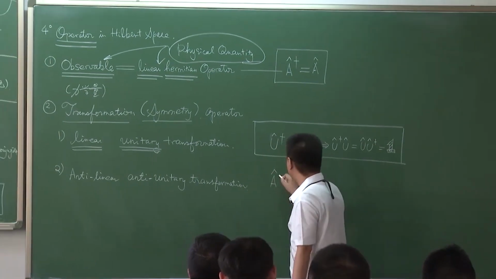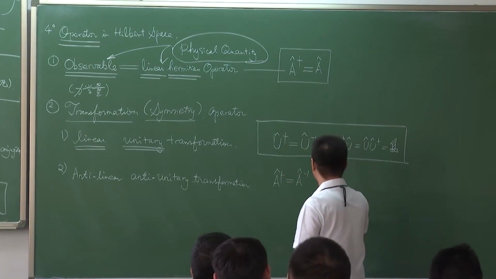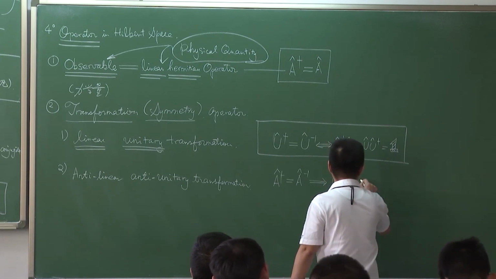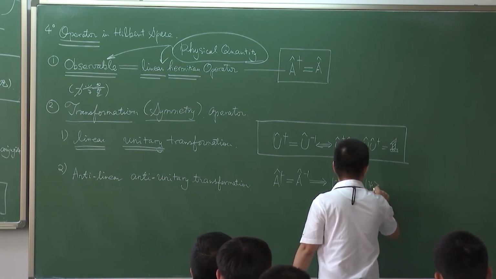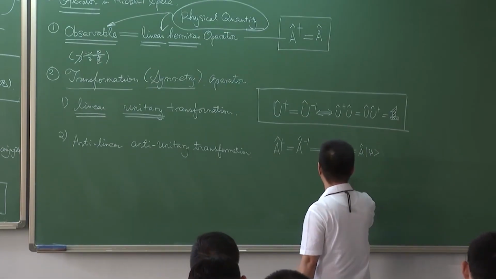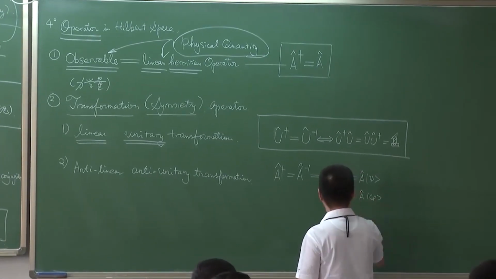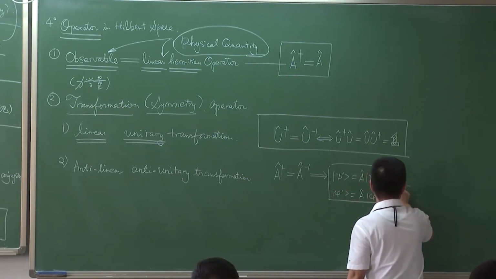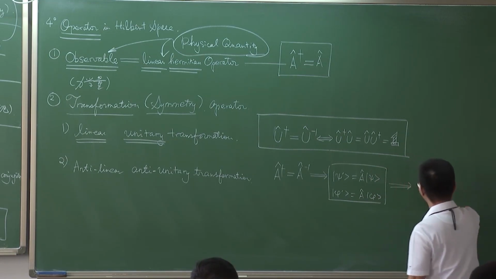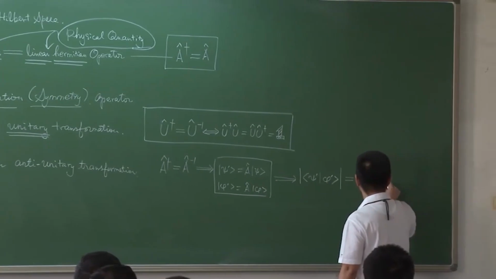We also use this. If you have psi prime equal to this, for the antilinear anti-unitary transformations, you get the absolute value of psi prime, phi prime equal to that of psi, phi.